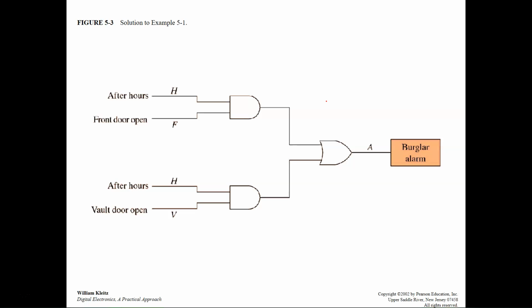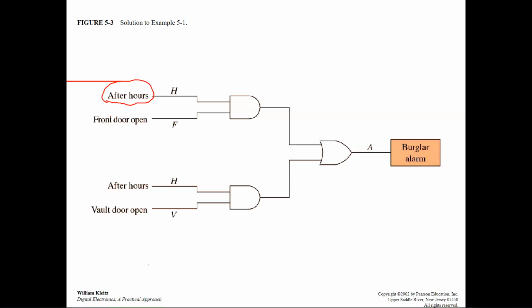So for this one, let's talk about this like it's in a bank. Again, we've got two AND gates, and we've got ink all over the slide apparently. Anyway, so you have after hours.